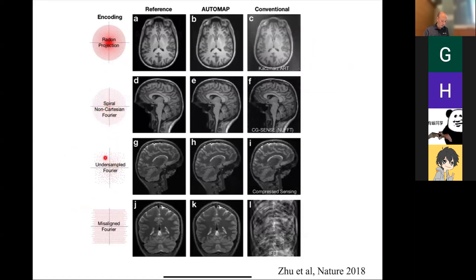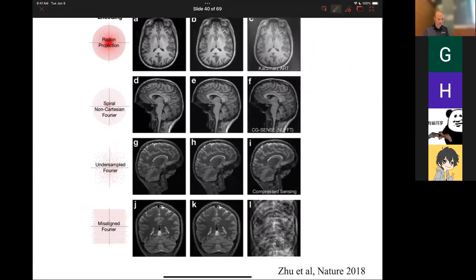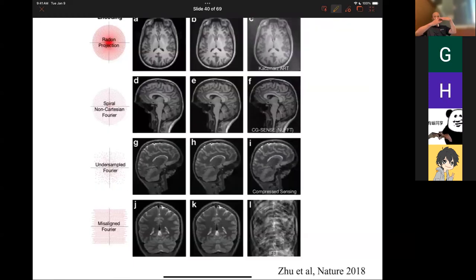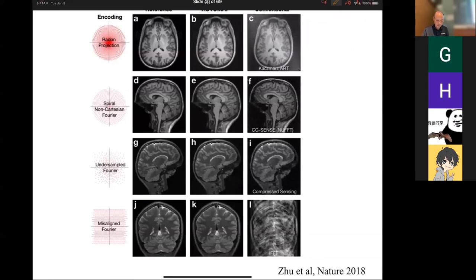Here we've just undersampled, so sort of like compressed sensing. And here we've purposely misaligned the Fourier space. Basically, every other line is sort of misaligned. Like you want to acquire lines in K-space like this, but you just went back and forth and you made a mistake. Okay. So let's see what happens with that.